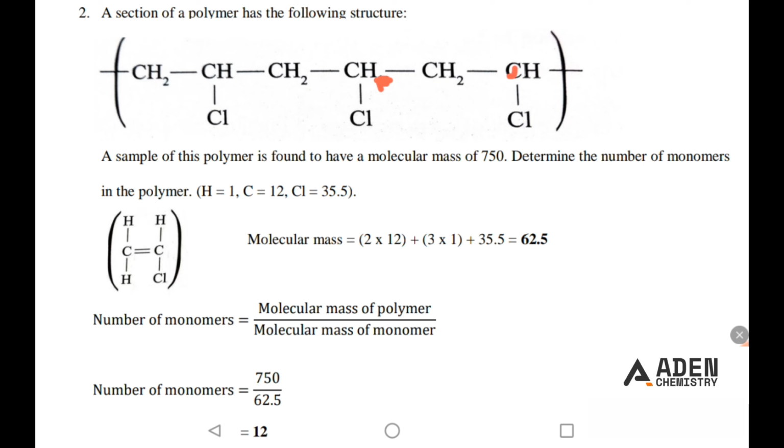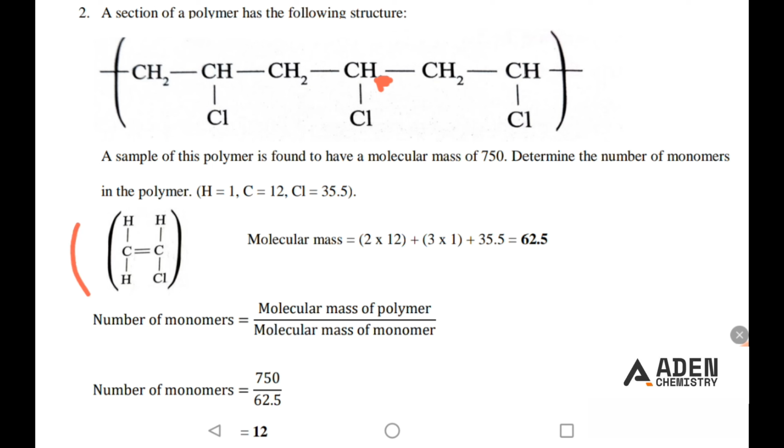Then we have one carbon with one hydrogen, and that's the Cl attachment. So this monomer was chloroethene, but we have not been told to name the monomer. But if you were to name the monomer, it could be chloroethene.